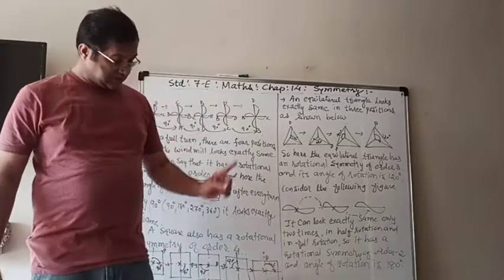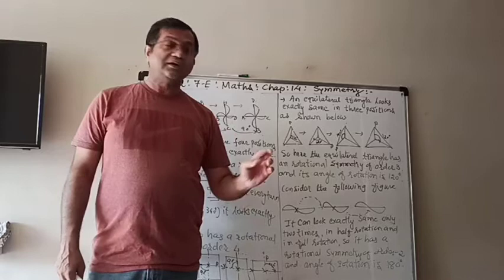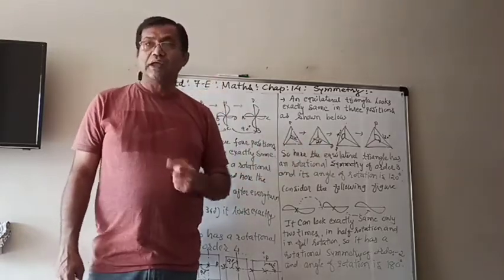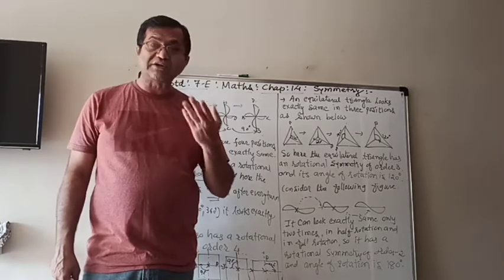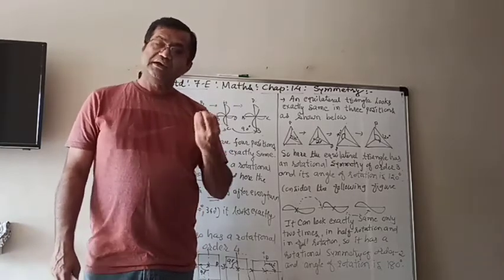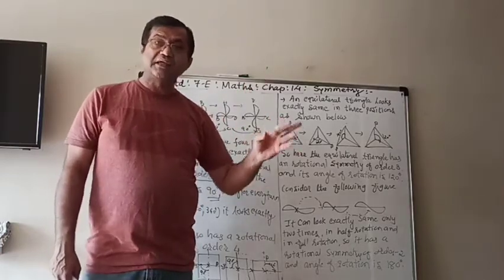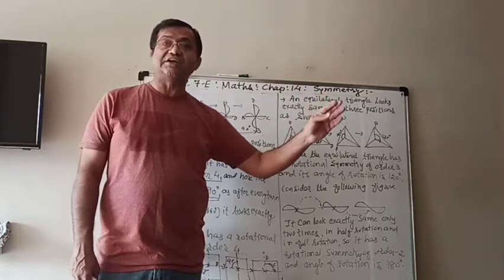It means that this rectangle has rotational symmetry of order 2 only. And then what is the angle? 360 divided by 2 is 180. So it has a rotational symmetry of order 2 and the angle of rotation is 180 degrees.